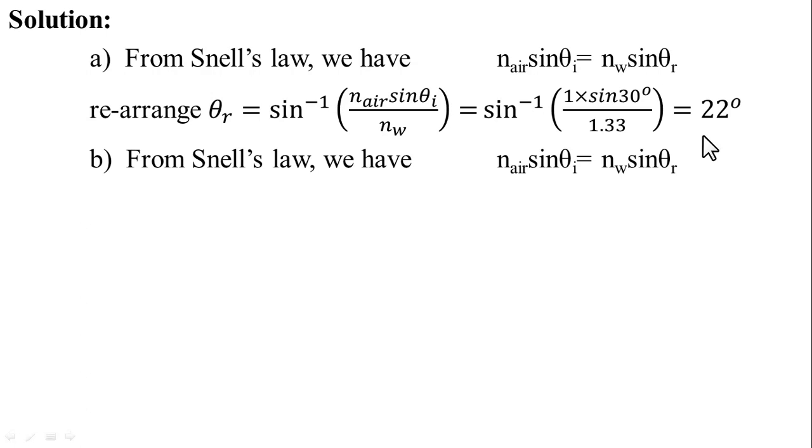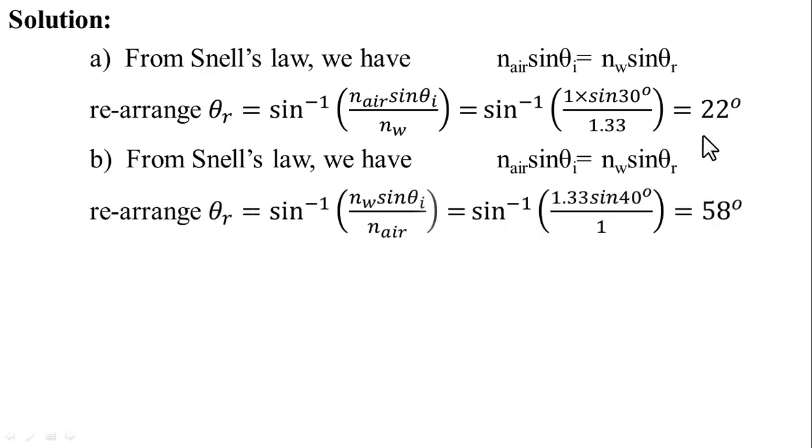Now in B part we use the same formula by Snell's law, then we rearrange that theta r is equal to sin inverse of nw sin i divided by n air. Now in this formula we find sin inverse of 1.33 multiplied by sin 40 divided by 1.